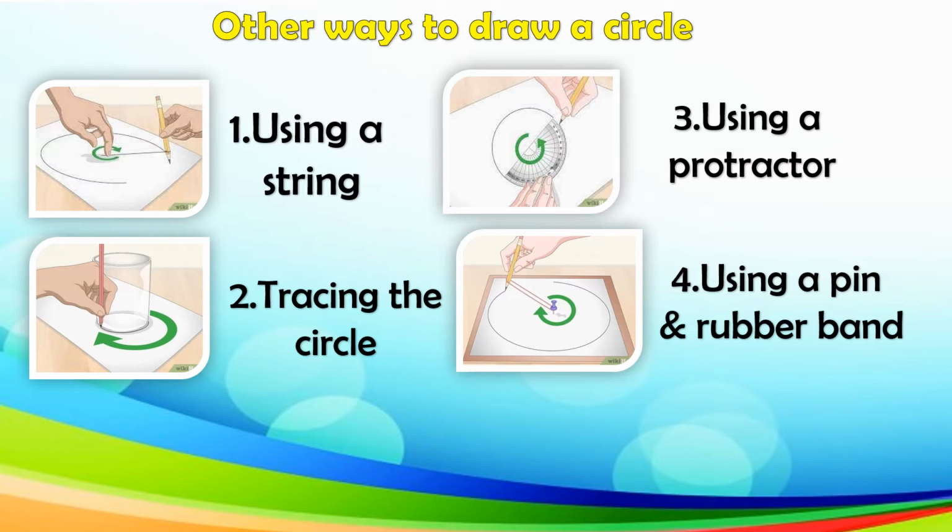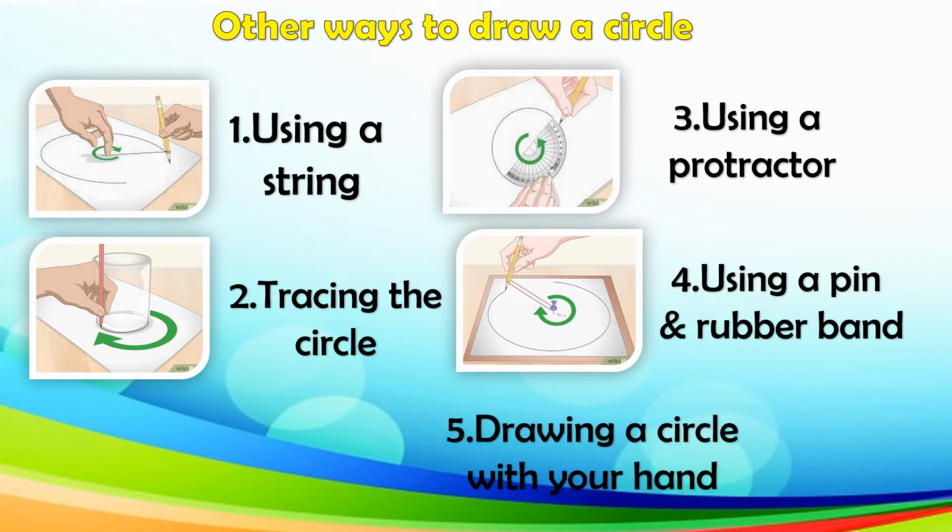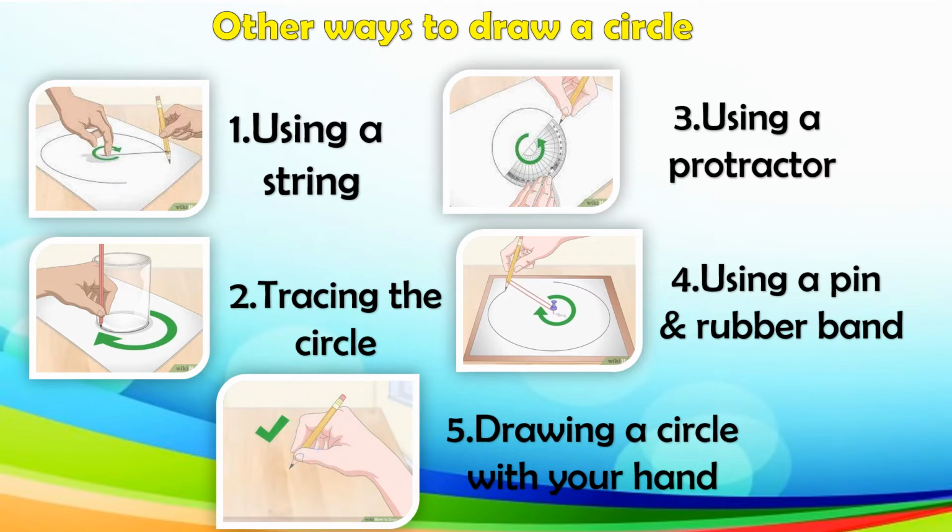And then that's it. Pwede na nating iikot yung pencil para makabuo tayo ng circle. Last one, we have also drawing a circle with your hand. Of course, maaari tayong makapag-drawing ng circle using our hands, kahit hindi ganon kabilog yung ating drawing.